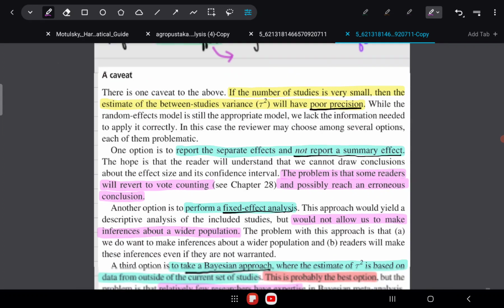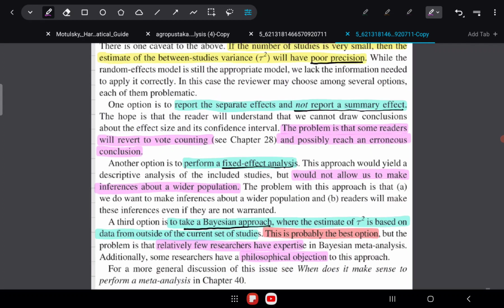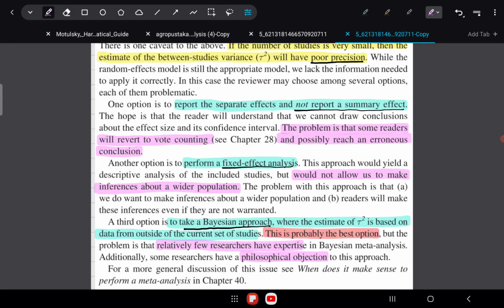So what you can do in these cases, according to this book, you have 3 options. First is you don't generate a summary effect altogether, because the summary effect will have a huge confidence interval and will be very imprecise. So you can just report the individual effect size for each of the studies, and you don't have to report a common summary effect.